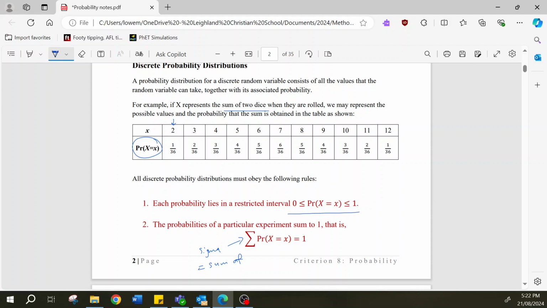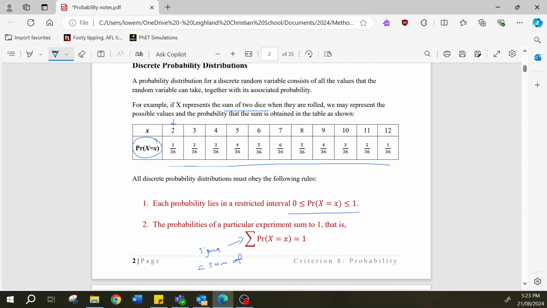If we look at this particular example and add up all of those probabilities, because they are all the possibilities, there's no other possible outcome that we could have. It's either adding to 2 or 3 or 4 or 5, etc., up to 12. With their respective probabilities, add them all up, it has to equal 1. Basically saying one of these outcomes has to happen.